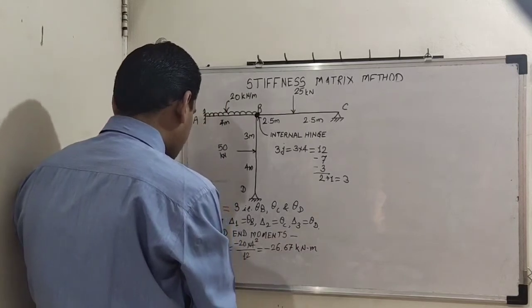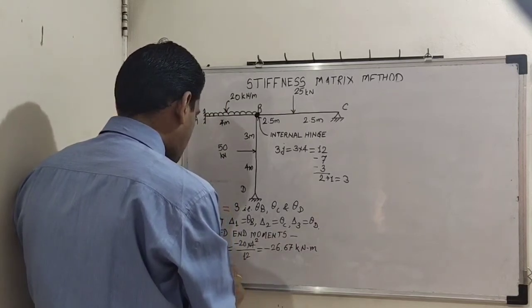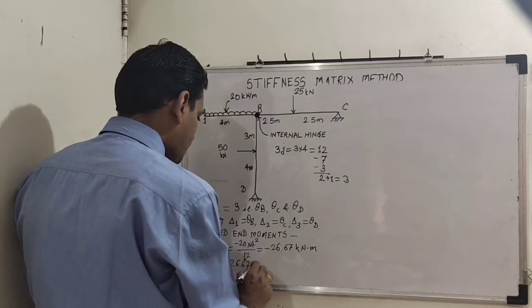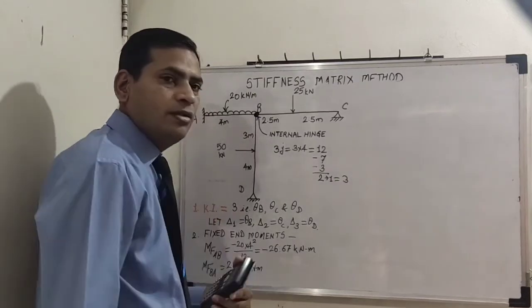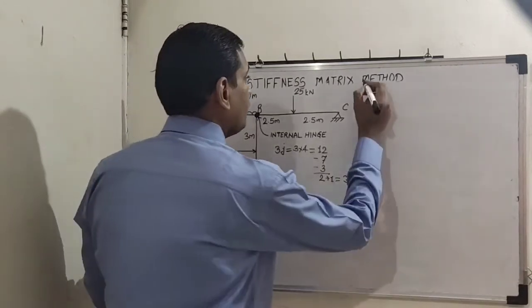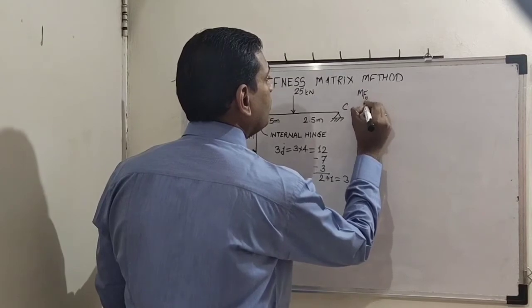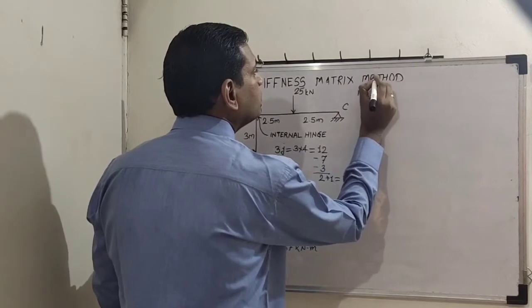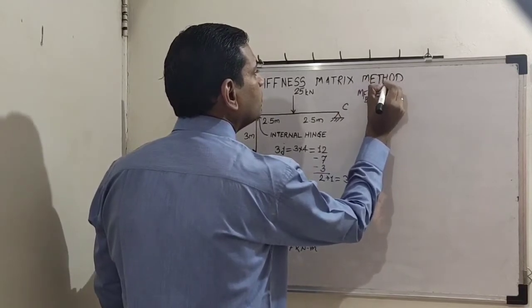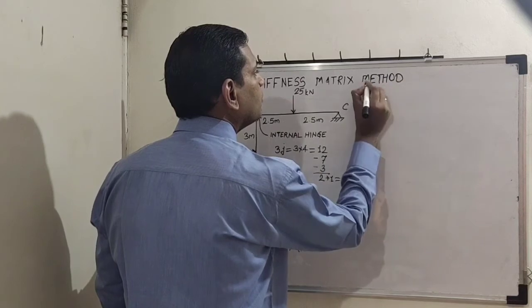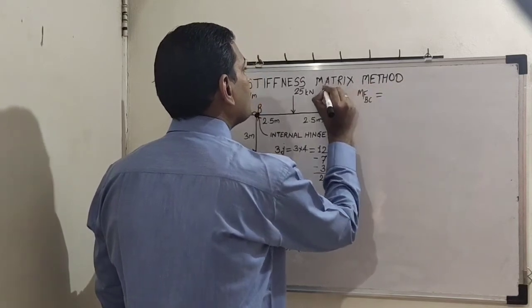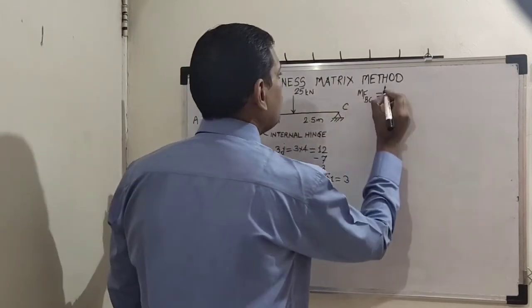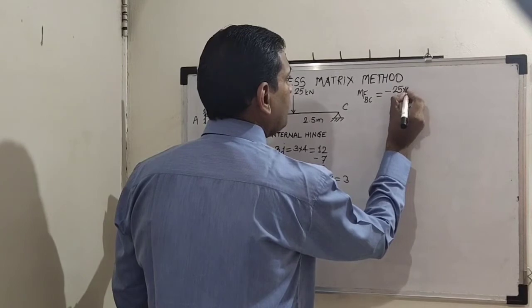Then MFBA is plus WL square by 12. So it is obviously plus 26.67 kilonewton meter. Then MFBC. MFBC is a central point load, so minus WL by 8, so minus 25 into 5 upon 8.